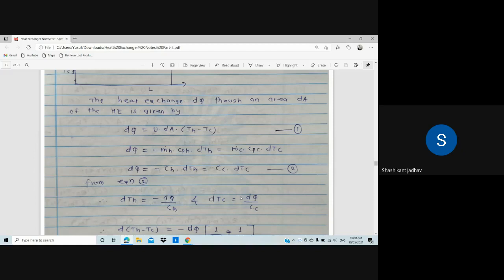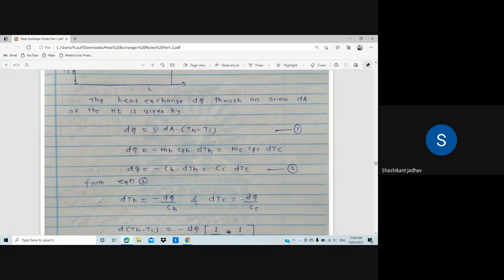Okay, so the heat exchange dq through an area dA of the heat exchanger is given by dq is equal to U into that small elemental area into, for that small elemental area, the temperature difference, that is Th minus Tc.